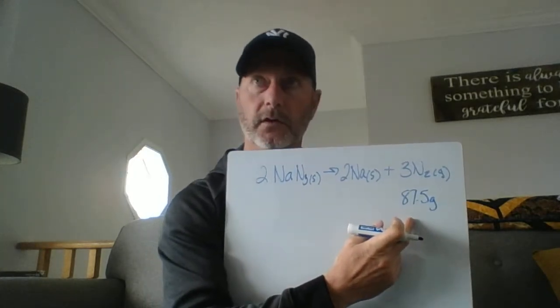The first thing we're always going to do is find the number of moles of what we have. Step one, number of moles, in this case of nitrogen, which is what we have: n equals 87.5 grams divided by, remember, the molar mass of the substance.